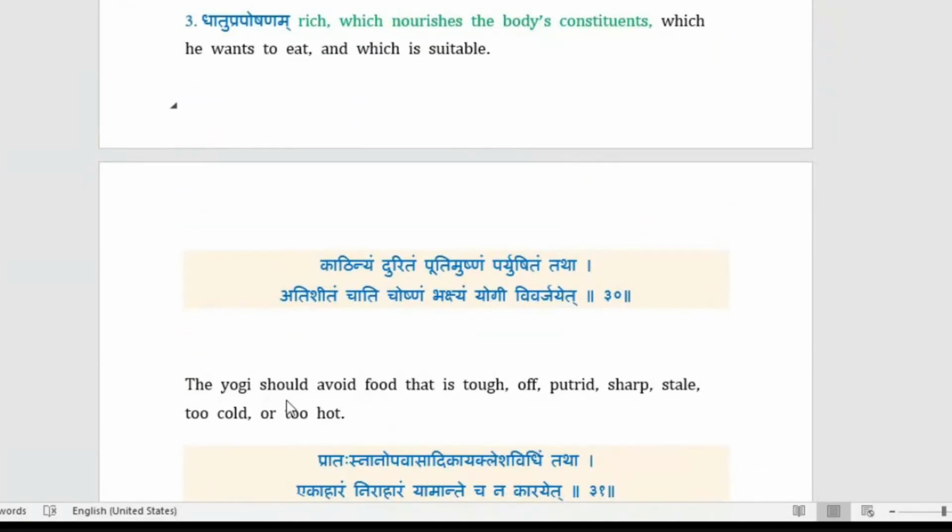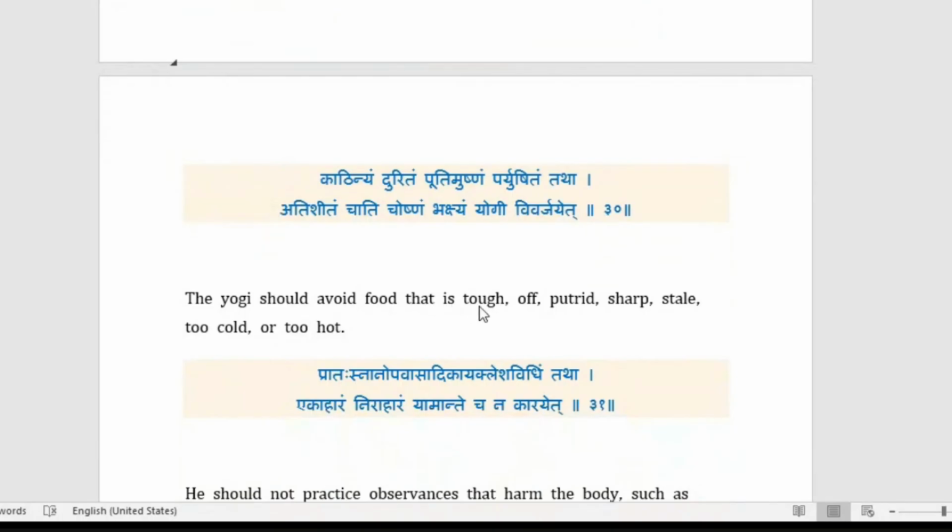Very good. Then the yogi should avoid food that is tough, off, putrefied, sharp, stale, too cold, or too hot. So these are the foods that he has to avoid. Which type of food should he avoid?